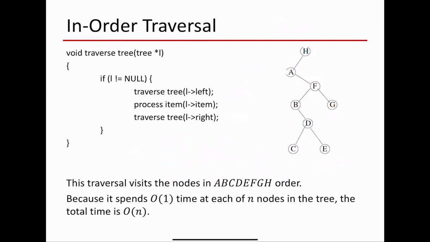In-order traverse: keep going to left until there is no value, then the item, and keep going to right. The traverse visits A, B, C, D, E, F, G, H, spending one time at each node in the tree.